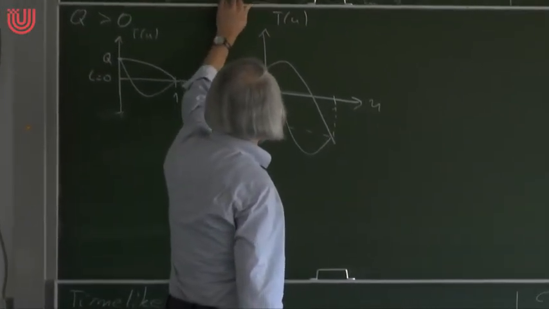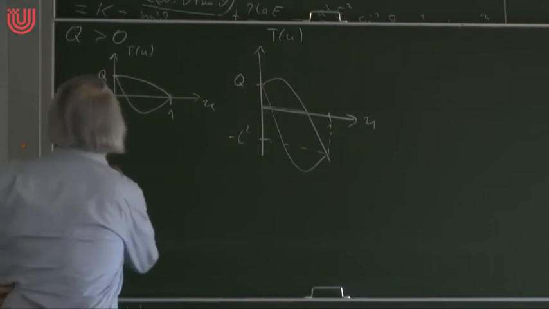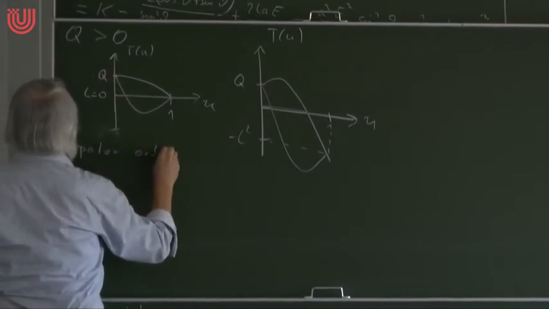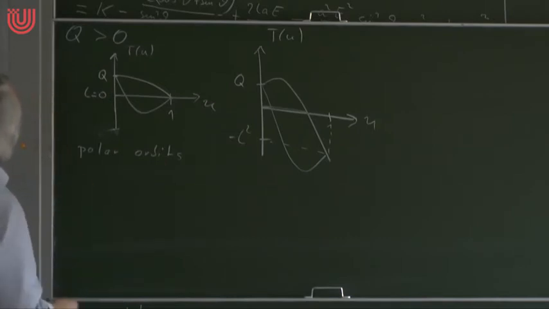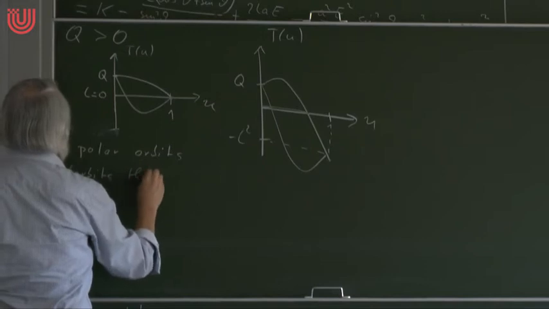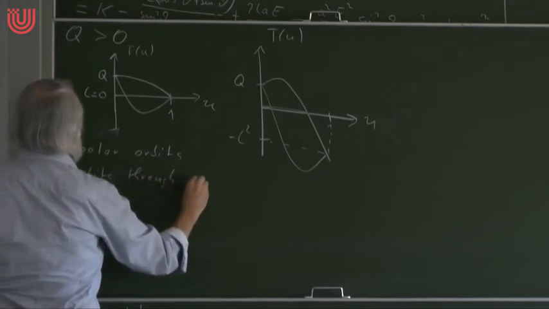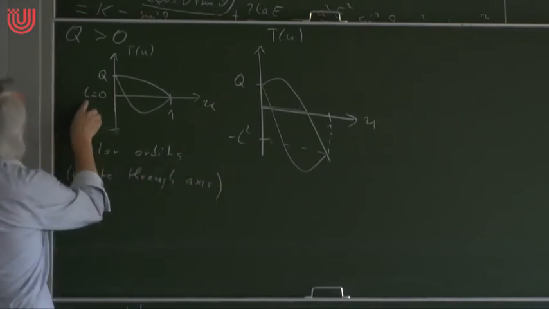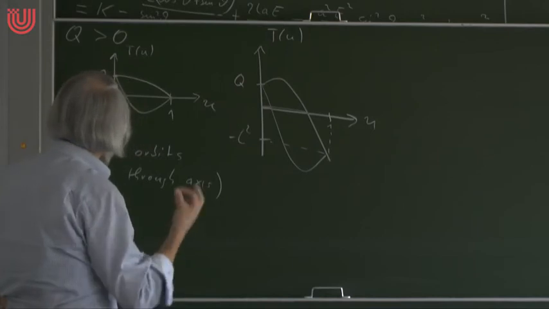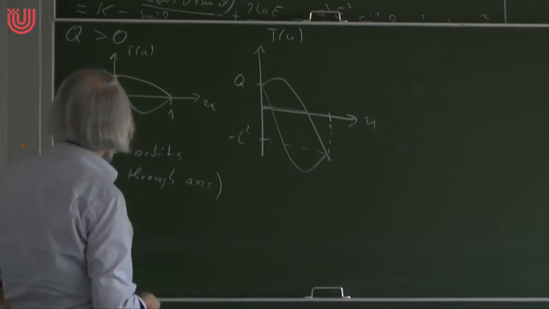And so this means these are polar orbits. Yeah, orbits through the axis. That's what polar orbit means. Orbits through axis. And they have L equals 0. Yeah, L equals 0. There's this characteristic for orbits that may go through the axis.